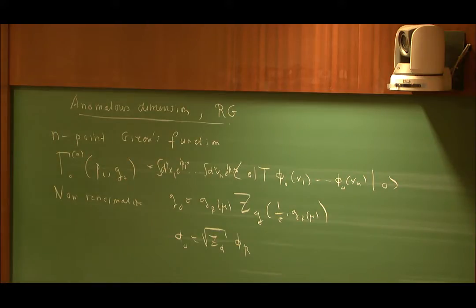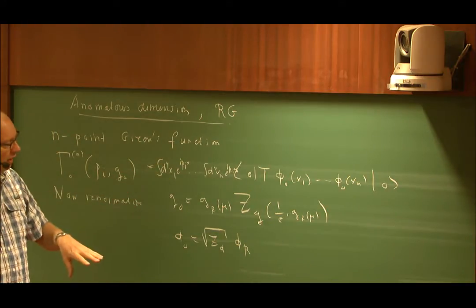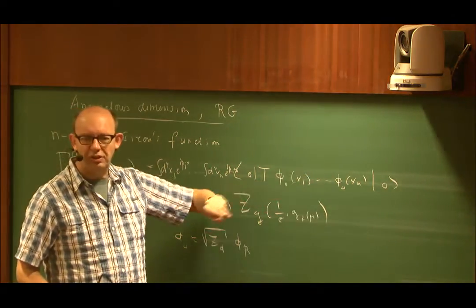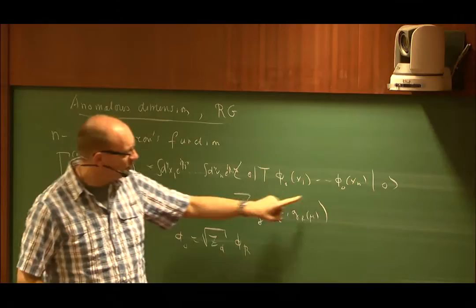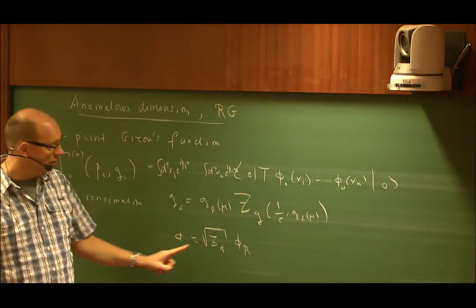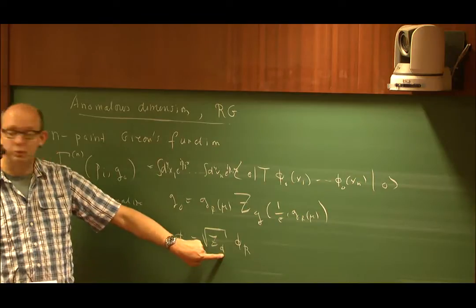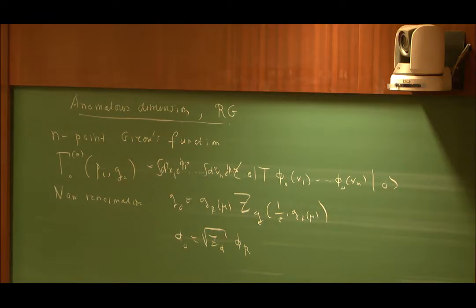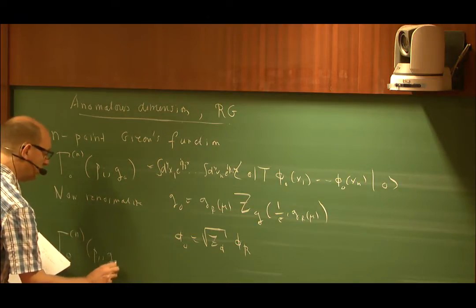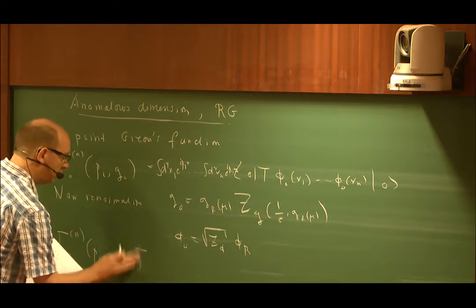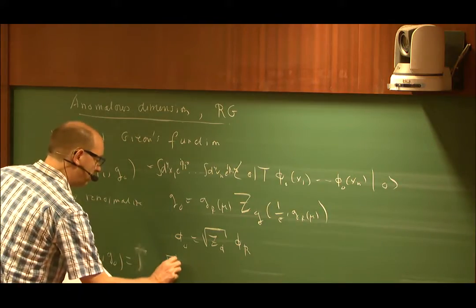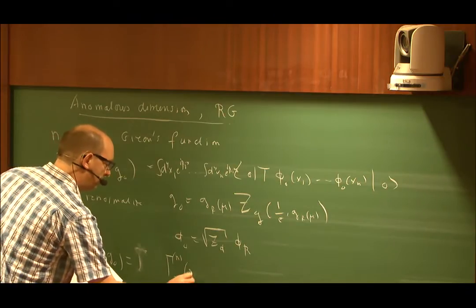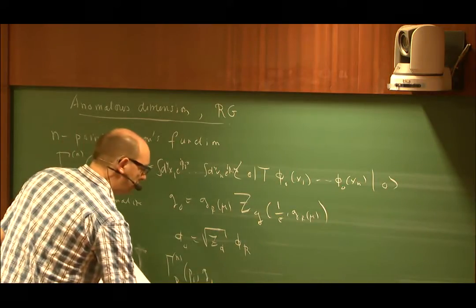So when you do that, what happens to the Green's function? Well, if there are couplings inside, that will be taken care of. But particularly, look here, you see that each field phi 0 gets replaced by the square root of Z times phi R. So we have that the bare Green's function of the phi's and G0 is equal to the renormalized Green's function, a function of the momenta and the renormalized coupling.